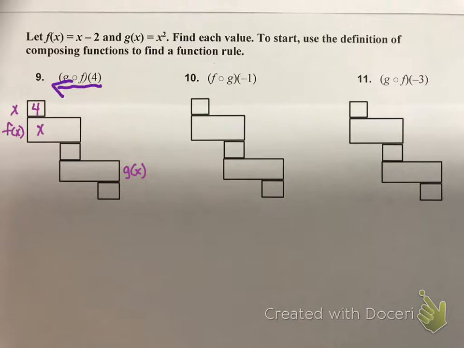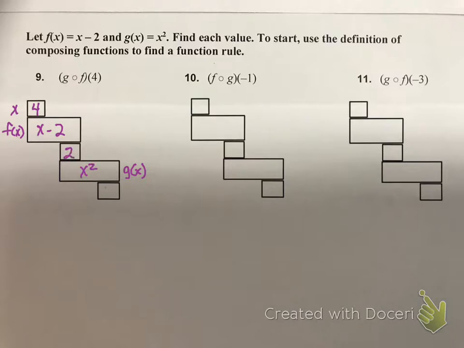So I'm going to put my x first, and then my f of x, and then my g of x. x is 4, f of x is x minus 2, g of x is x squared.